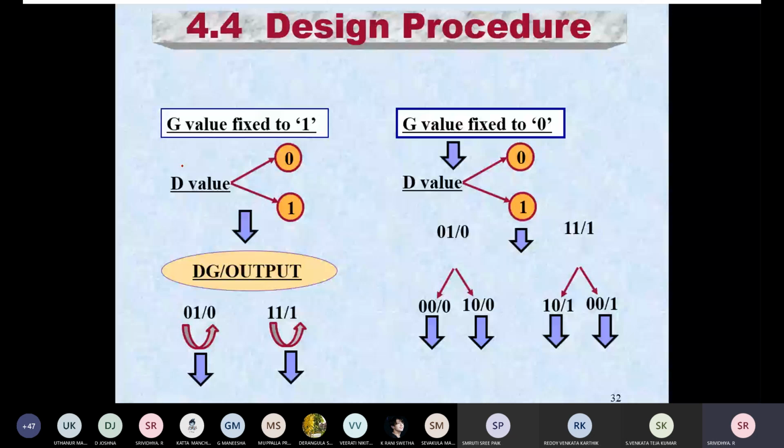D. It can either take 0 or 1. The format I'm going to follow is DG slash output. For writing the states, I'm going to follow input slash output. So for the input, I'm putting the D value first, then the G value, and then the output. This is for my user end, for my own purpose. This is not actually in your exact design procedure. This is for my understanding.